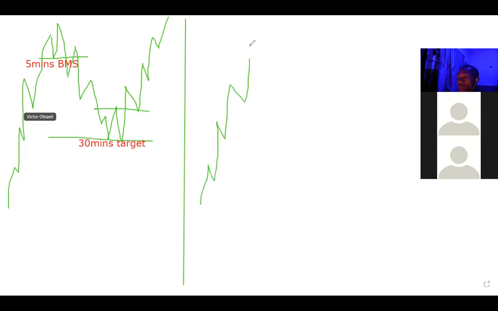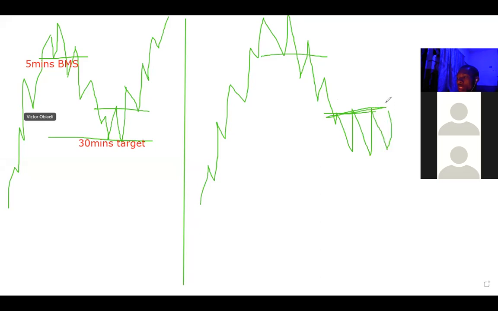It will keep going up, break market structure, go up, down, break market, come down, come down. When it gets to the 30 minutes target, it's going to do this. Watch, it did not break market structure. Instead, it's going to range, then keep on dropping. This is the second scenario it's going to do.